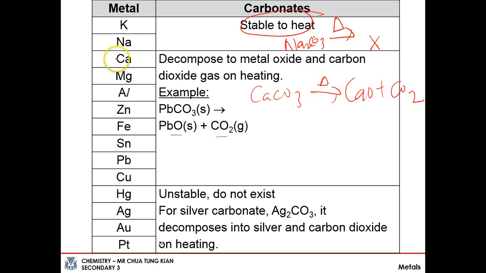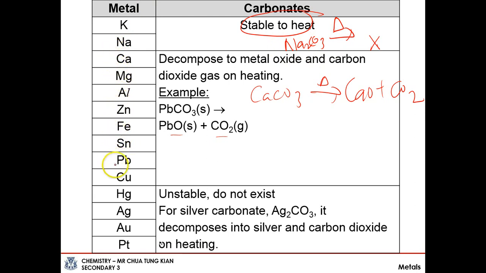Based on its position in the reactivity series, a metal forms a compound which is less stable to thermal energy as it goes down the series. So imagine this. I have a very reactive metal, and this very reactive metal reacts with carbonate. Because it is so reactive, the resulting carbonate is very stable. As you go down, it gets more and more unreactive.